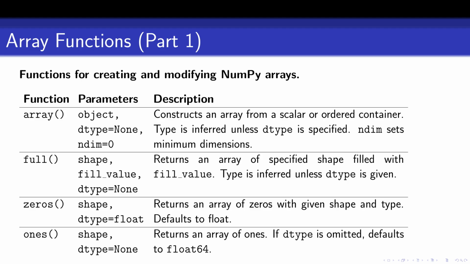Both accept a shape parameter and optionally a data type. For example, np.zeros((3, 4)) creates a 3 by 4 array of zeros. These functions streamline the setup process, allowing you to focus on logic and computation rather than manual data entry. Creating arrays programmatically is also a stepping stone to more advanced tasks like simulations, synthetic data generation, and performance testing of algorithms.